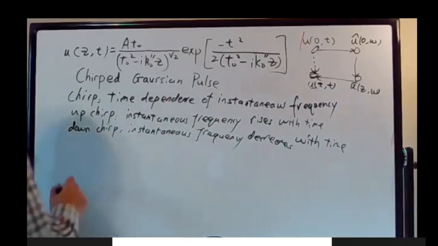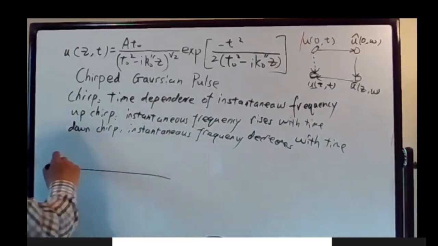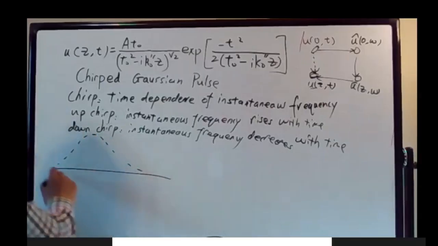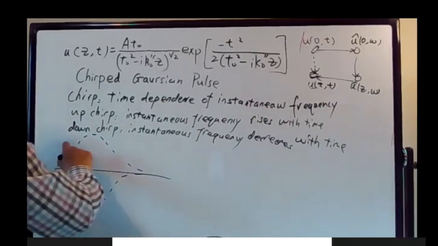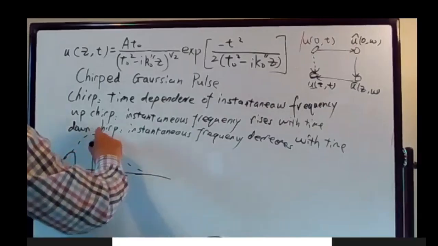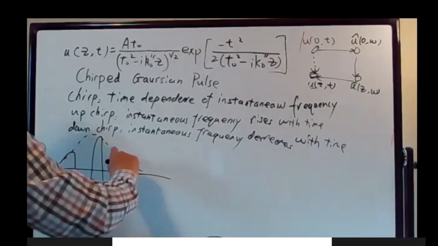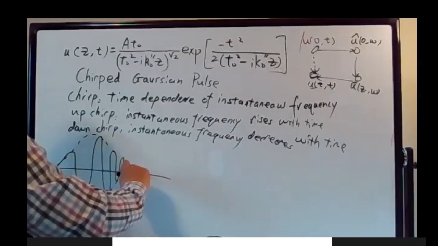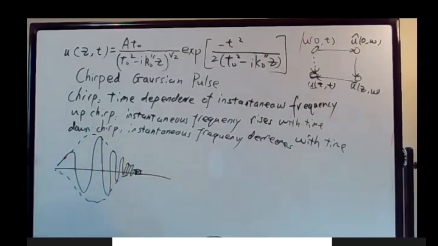Let me draw a picture with you. So I have a pulse. This is my envelope. I'm drawing this picture as quite an exaggerated picture. At the beginning, the frequency is small.